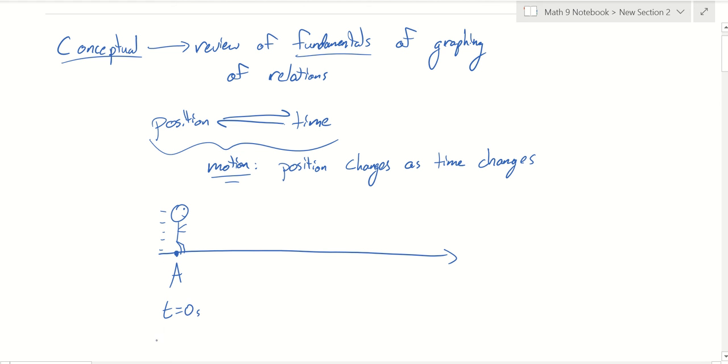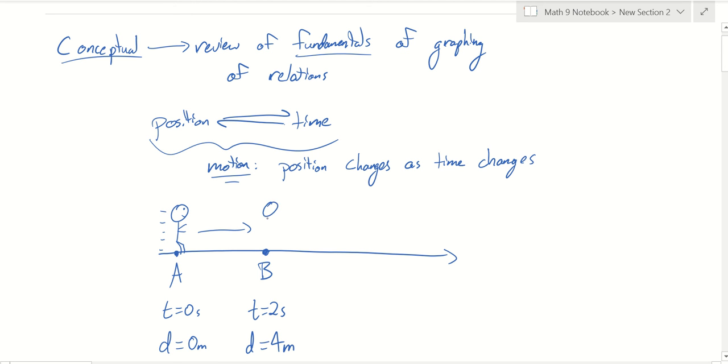It would be really simple to call this 0 meters of distance that you've moved. After a certain amount of time, you might be at some other position B. Maybe that amount of time is 2 seconds, and after those 2 seconds, you are at 4 meters of distance relative to position A.